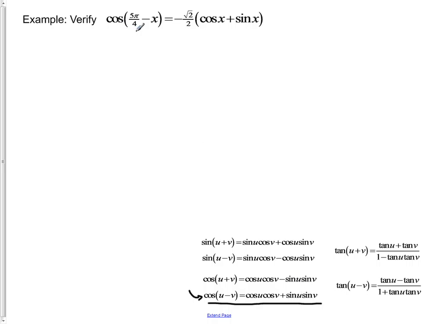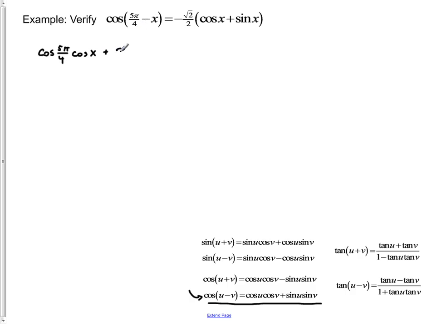So here's u, here's v. So on the left-hand side, we actually have the cosine of the angle 5 pi over 4 times the cosine of the angle x. And we're going to add, right, because we changed the sign for cosine. There we go.